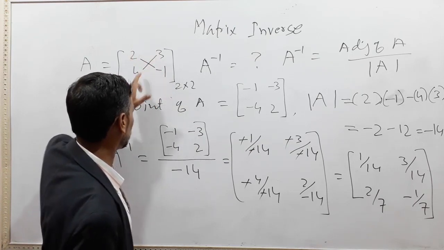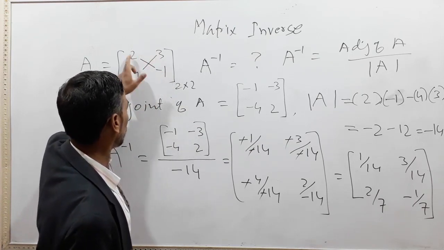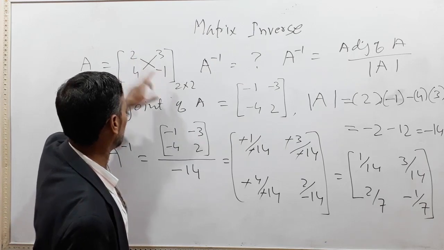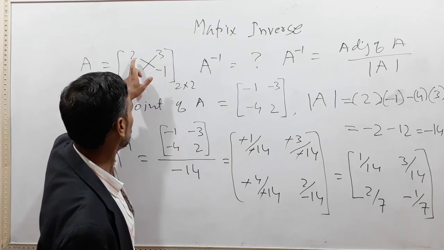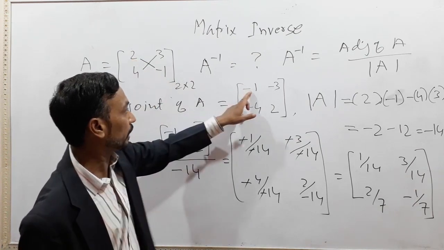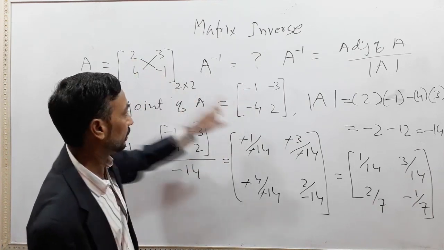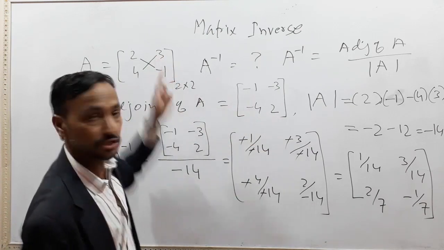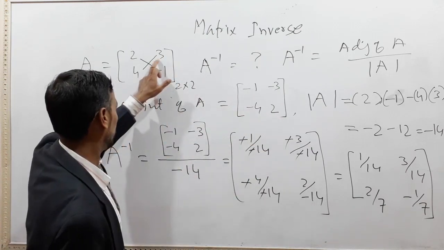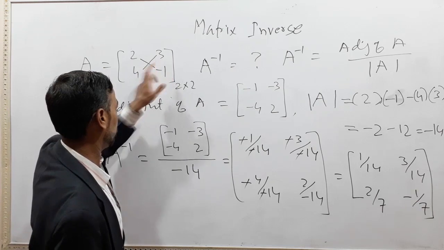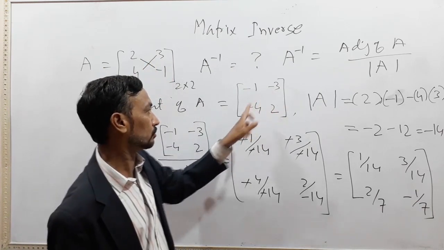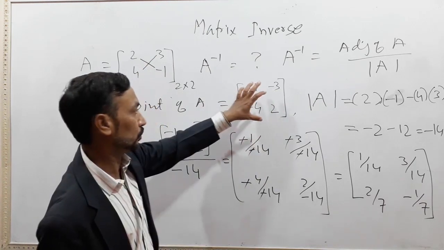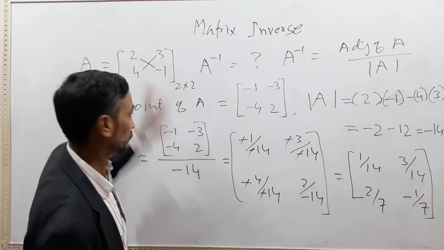You simply change the places of the first diagonal's elements, so minus 1 goes to 2's place and 2 comes here, and you change the sign of the second diagonal. They both are positive, so they change to negative, so it's minus 3 and minus 4. So you come to know the adjoint of the matrix.